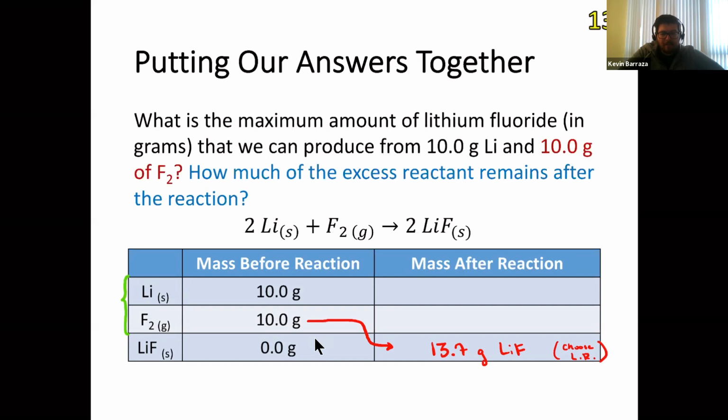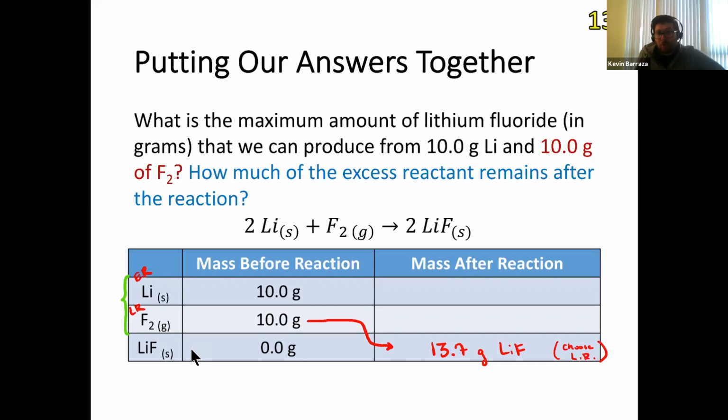From that point, we were able to do a very important task. We were able to label the reactants as either being the LR or the ER. And what we found is that because fluorine was the smaller answer, this is the limiting reactant. And by association, lithium is the ER, the excess reactant.